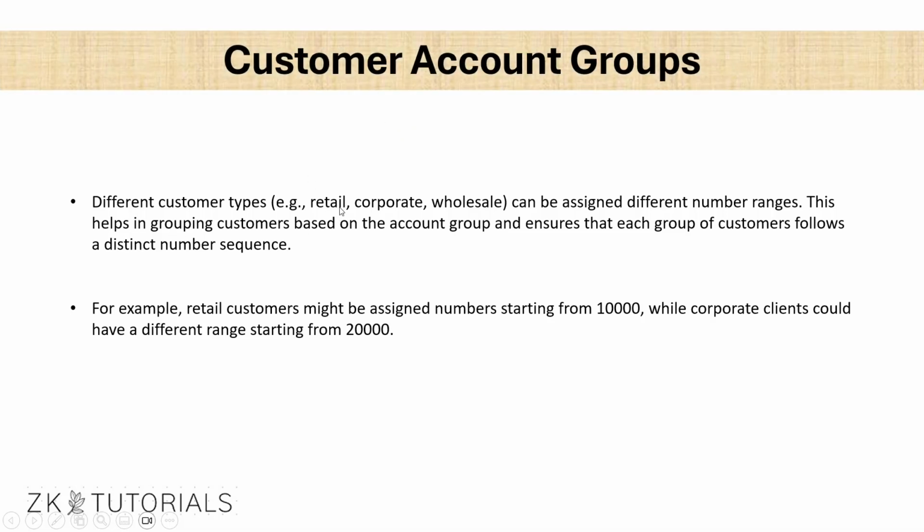Different customers, example retail, corporate, wholesale, can be assigned different number ranges. This helps in grouping customers based on the account group and ensures that each group of customers follows a distinct number sequence. For example, retail customers might be assigned number range starting from 10,000, while corporate clients could have a different range starting from 20,000.